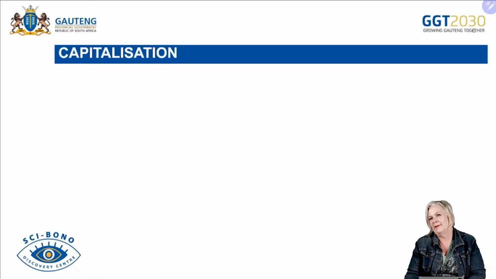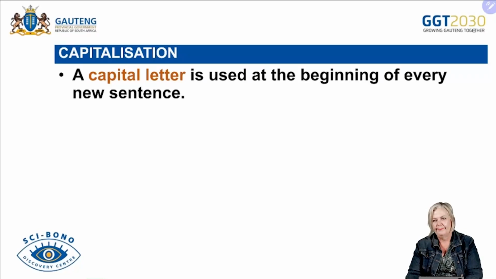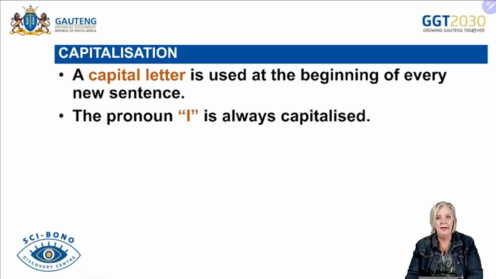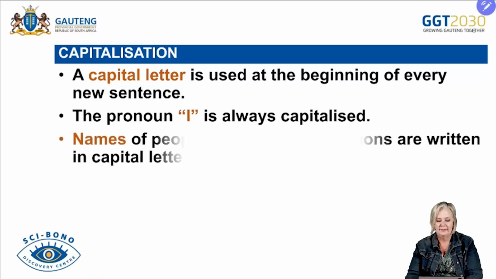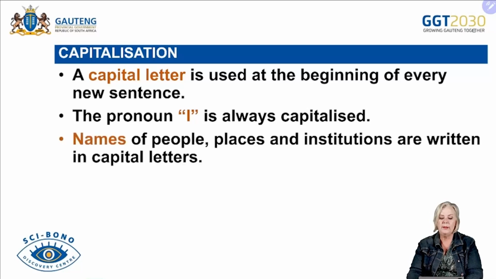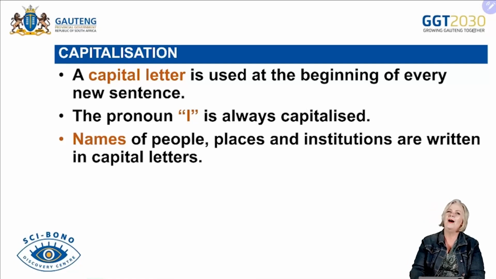Another big problem is capitalization. A capital letter is used at the beginning of every new sentence. The pronoun I is always capitalized, so pay attention to that. The names of people, places, and institutions are also written in capital letters. I know.